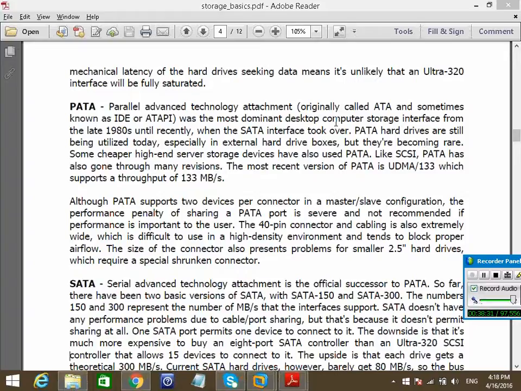The size of the connector also presents problems for a smaller 2.5 hard drive, which requires a special shunt connector. The disadvantage is the wide, bigger 40-pin connector.